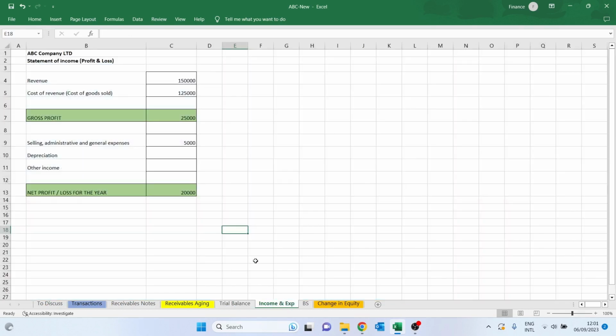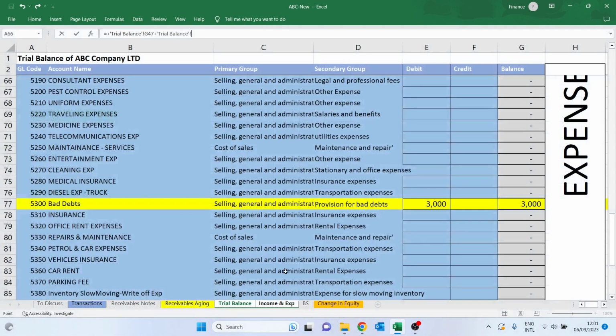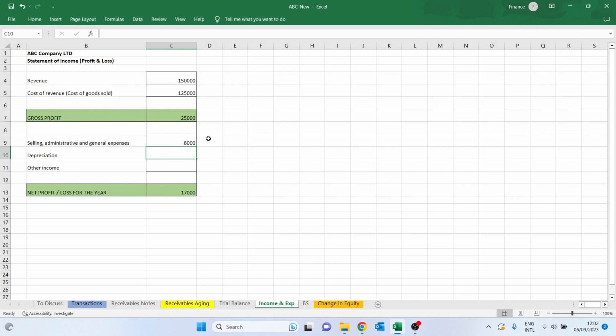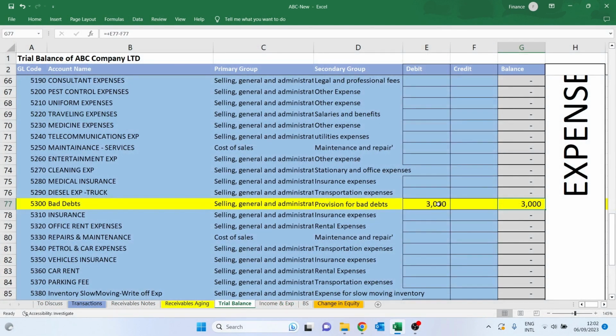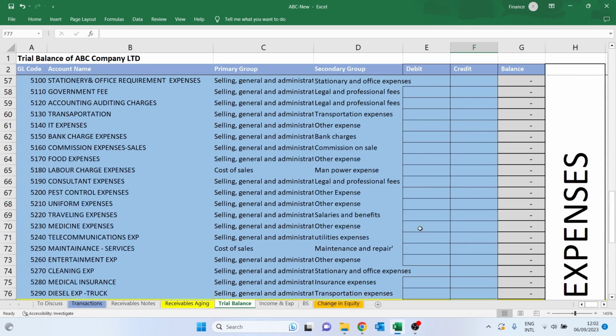So for our income and expense, we need to see whether it is reflecting or not. Here we need to add the bad debts balance. So it is added here. This is the first entry, the first 3,000, and the second is in the provision.